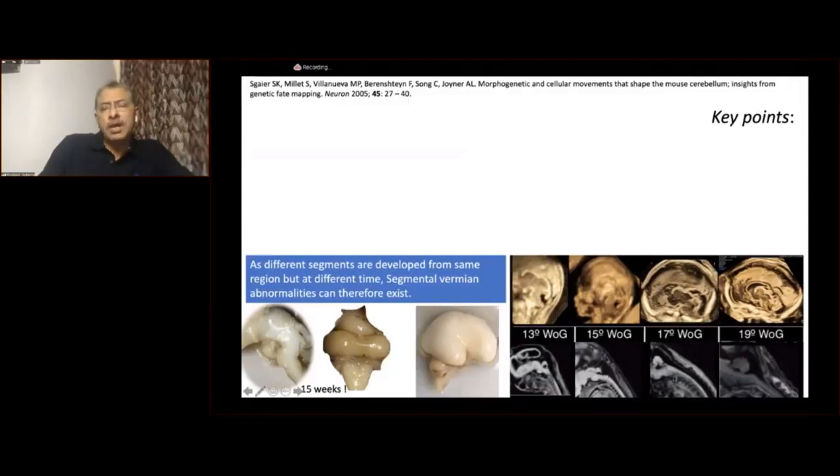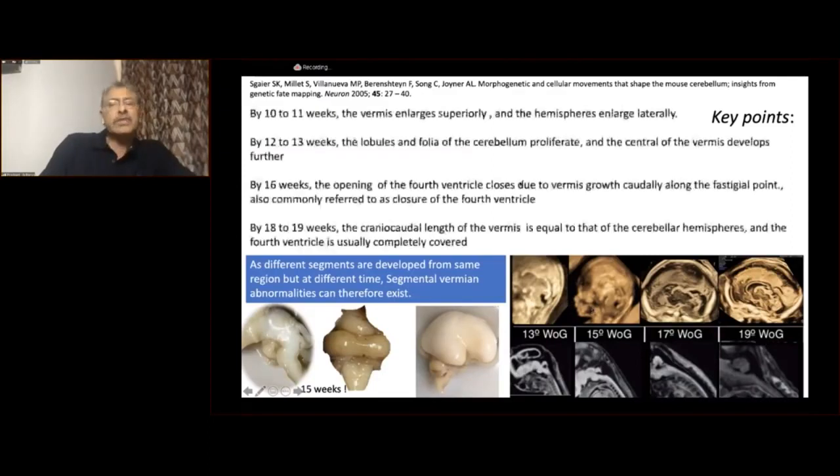Now, this is what typically you have got: MRI pictures of 13, 15, 17, 19 weeks. You have got the same vermis pictures. But at the 10th or 11th week, the vermis enlarges superiorly and the hemisphere enlarges laterally. That's the reason there is quite a lot of gap between the developing cisterna magna and the fourth ventricle. By the 12th and 13th week, the lobules and the folia of the cerebellum proliferate, and the central part of the vermis develops.